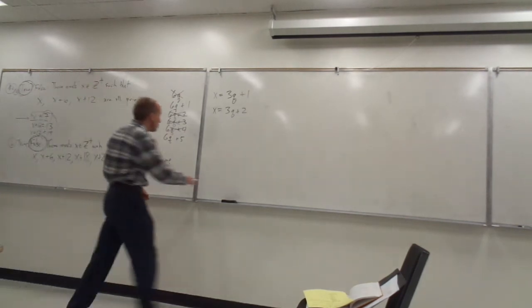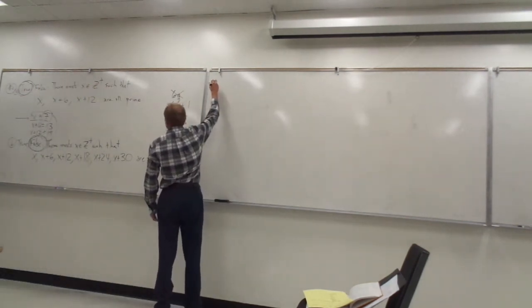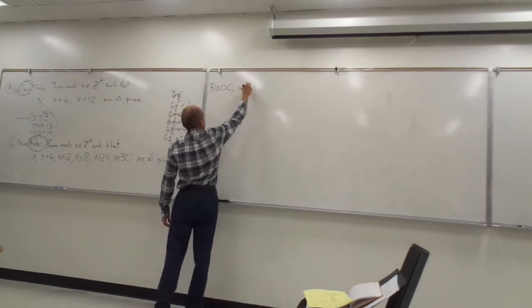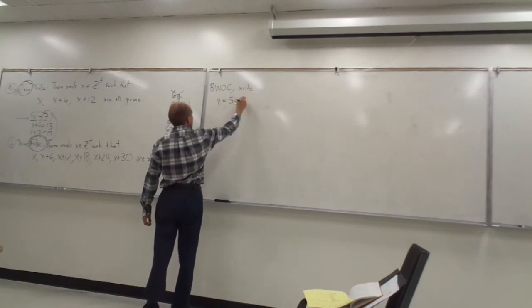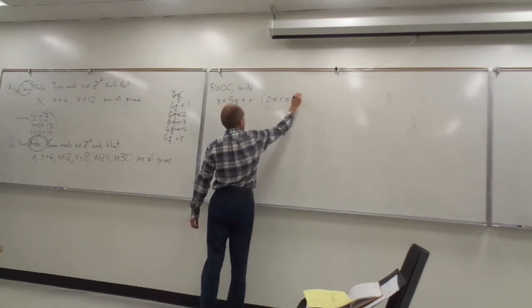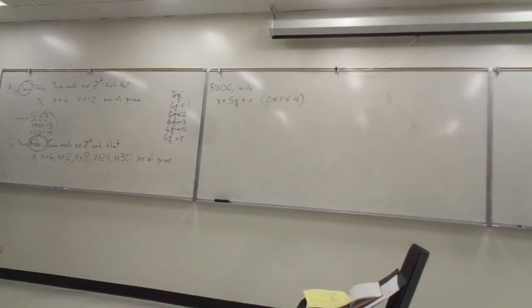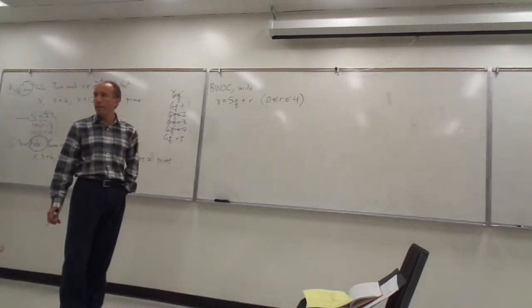But look what happens when you divide by 5. By way of contradiction, I'm going to start the solution now. Let's write x as 5q plus r, where r is between 0 and 4, including 4. So we have those different cases.